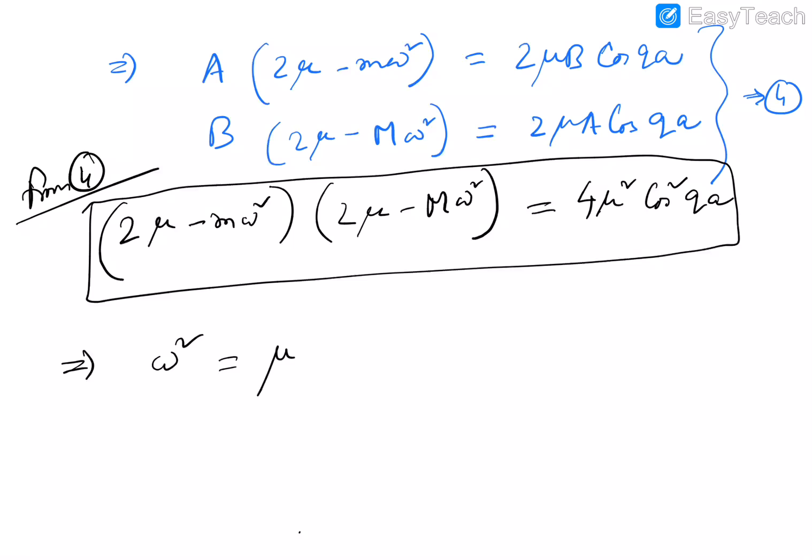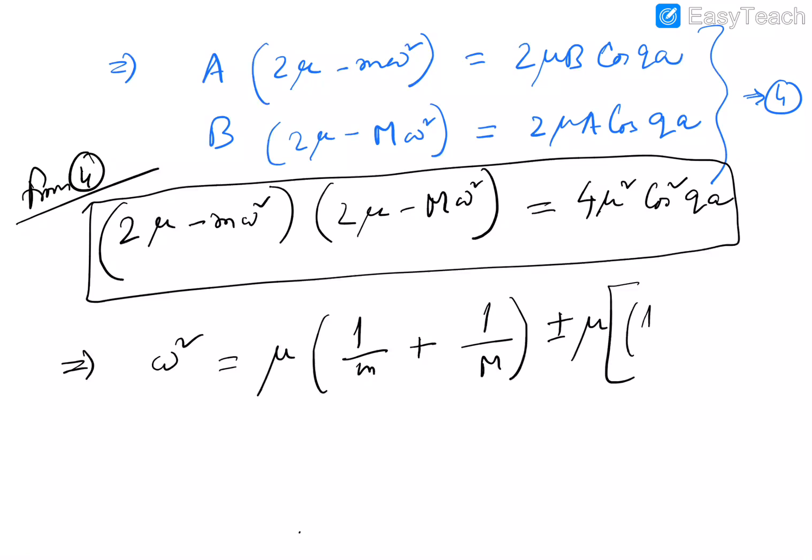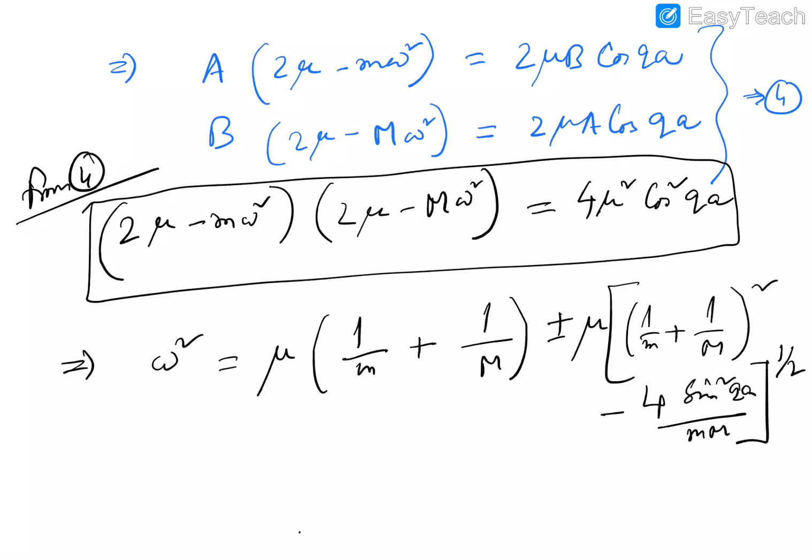So this will be mu times (1 upon small m plus 1 upon capital M), plus minus mu times the square root of (1 upon m plus 1 upon capital M) whole square minus 4 sine square qa by small m capital M. Okay, so this is the solution that you will get. You will solve this. Please check that.